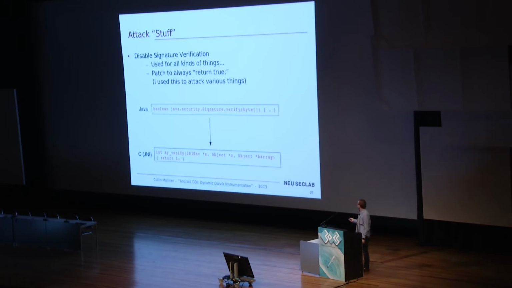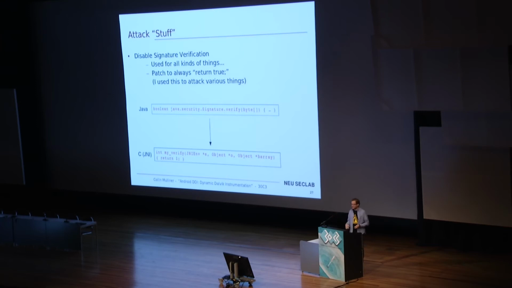You can take the Java signature verify method and replace it with a one or two line piece of C code which just returns 1. If you load it into the application, the application will think all the signatures it checks are valid. And you can do amazing things already with that capability.